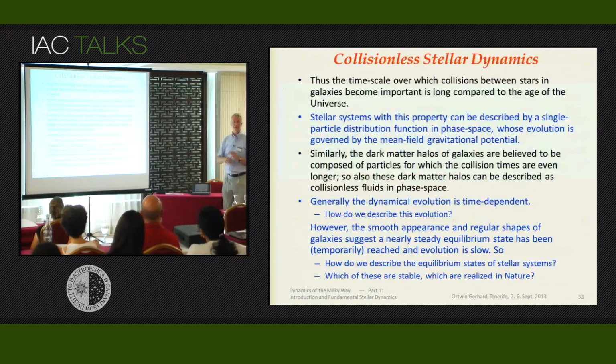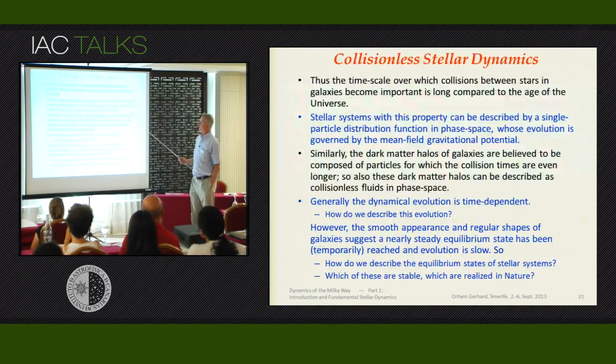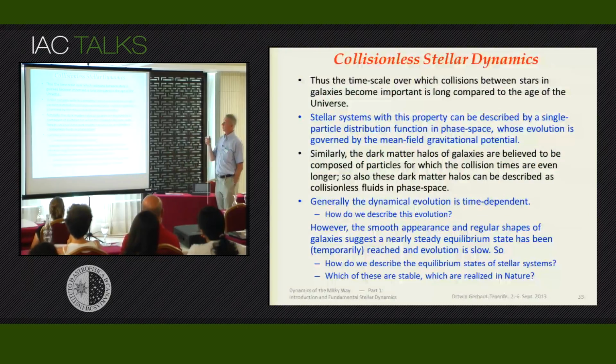Okay, so we can say we neglect collisions, and then it means several things. First of all, we don't care about correlations between stars anymore. So therefore, we can describe the stellar system by a single particle distribution function in the phase space. That's the X and V space.